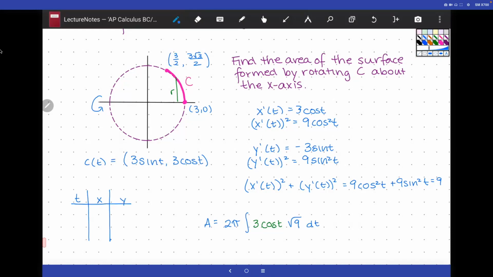Anybody figure out the limits yet? These are a little easier.